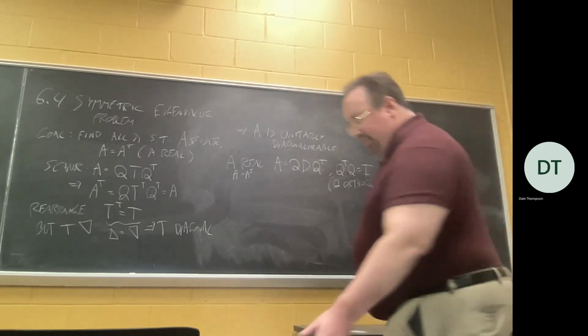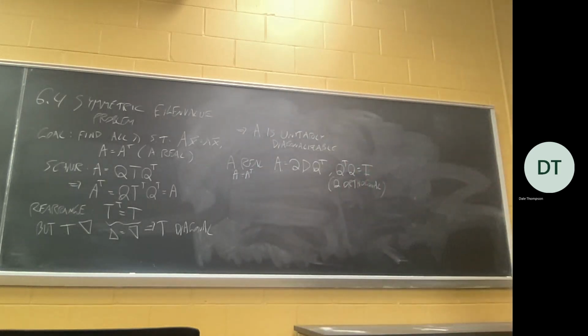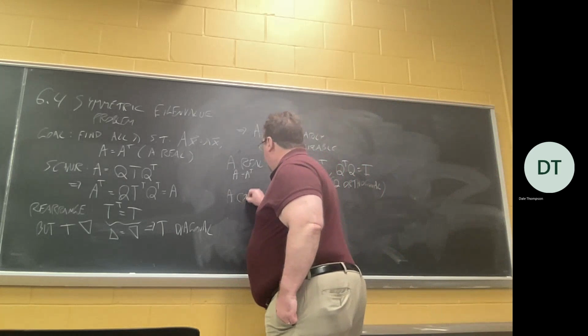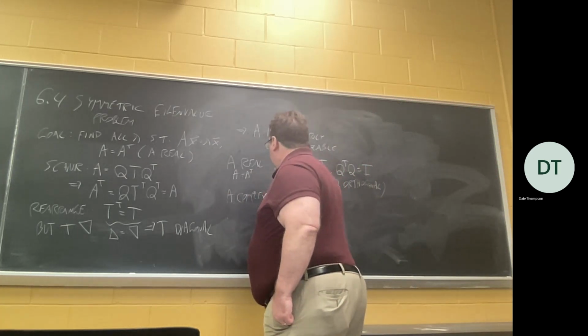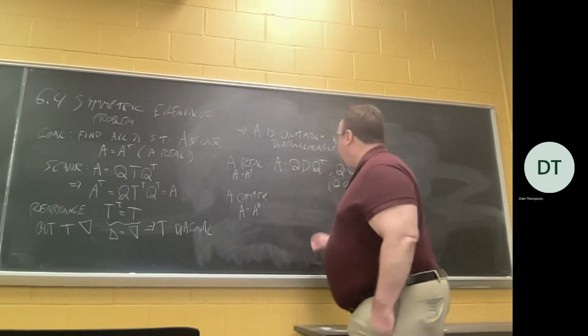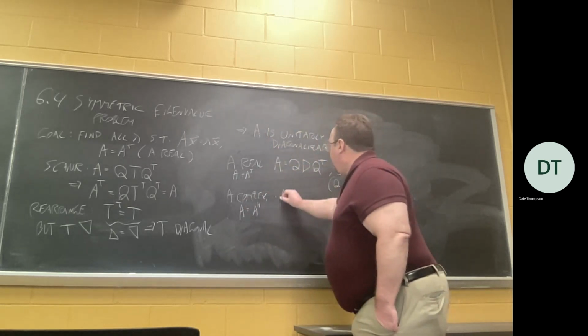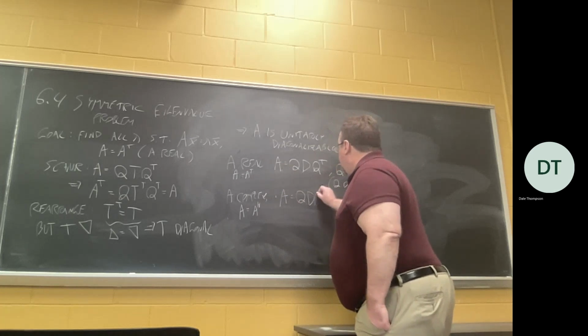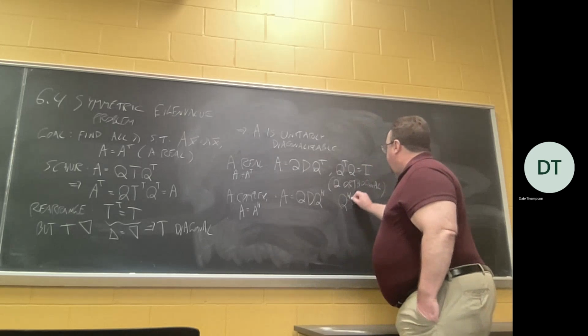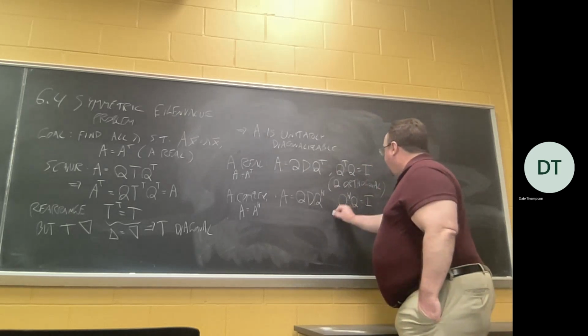So we have that. But I can make a similar statement in the case where A is complex. A is equal to its Hermitian transpose, or A^H. So I'll say A is equal to Q D Q^H, Q^H Q is identity.